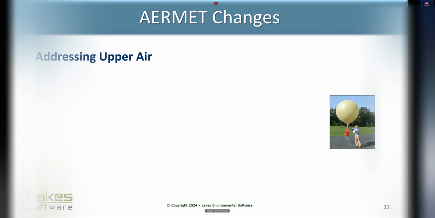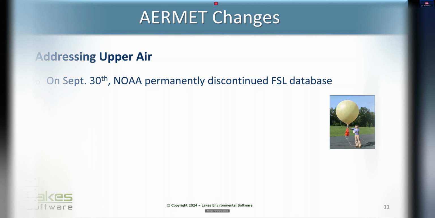The primary form of upper air data that most modelers were using was called the Forecast Systems Laboratory, or FSL, data format. Unfortunately, earlier this year on September 30th, the National Oceanic and Atmospheric Administration permanently discontinued the FSL database.